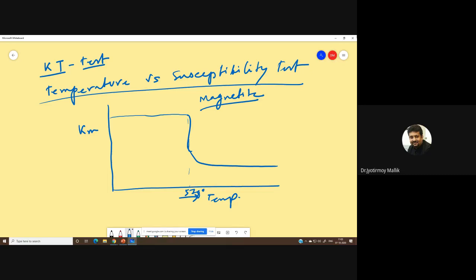Now, if I change the value of titanium, anywhere in the titanomagnetite series, I might observe this Curie temperature at 570, or maybe here. This whole range will be represented by the titanomagnetite series.